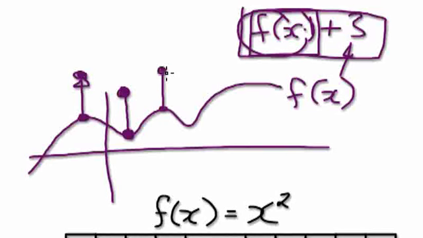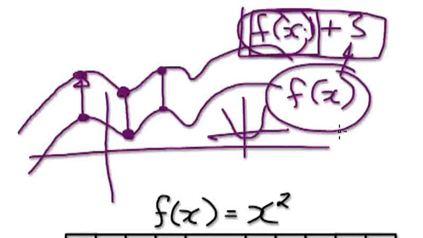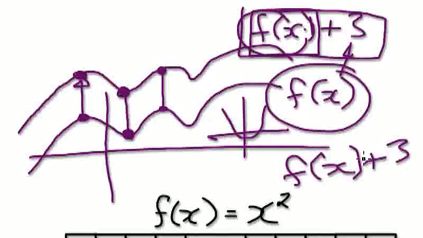Suppose it's here, you would add 3, so it turns out it will be the same shaped graph, but everything gets shifted up by 3. So my point is that it doesn't have to be a quadratic. It can be any function, and if you add 3, everything gets shifted up by 3.